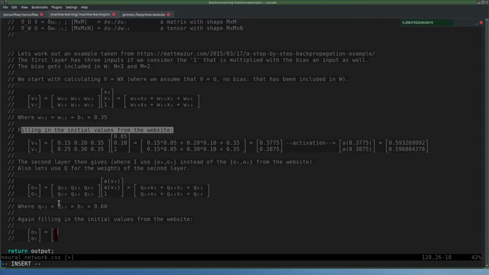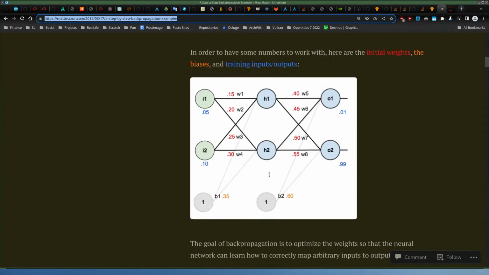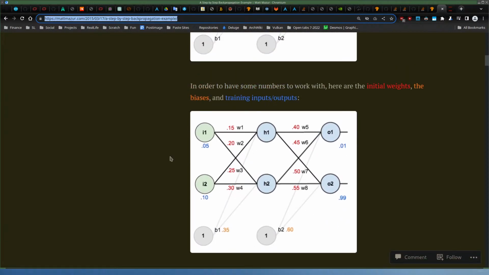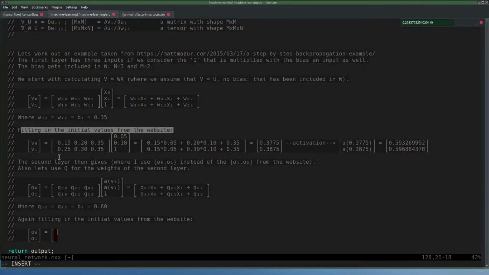Okay, so what is this weight here? That would be 0.40. Yeah.